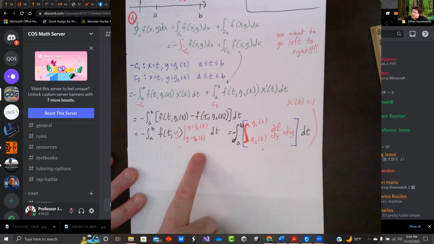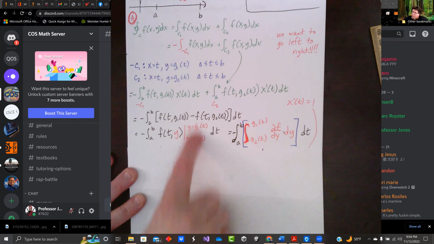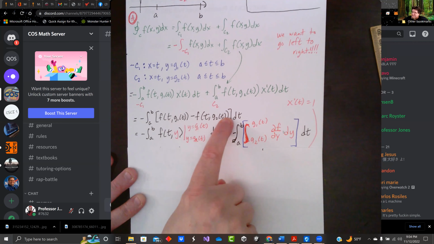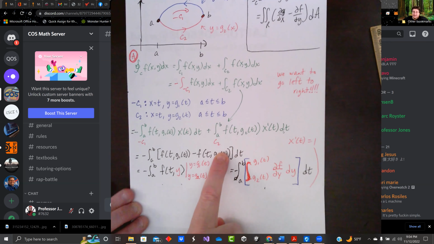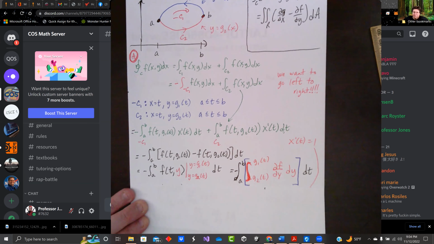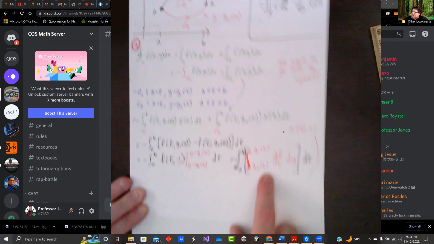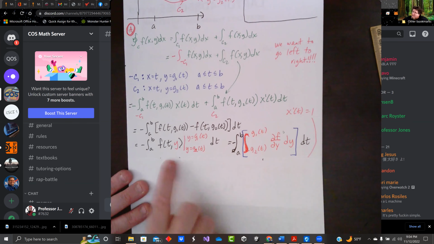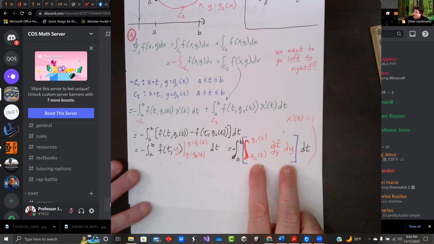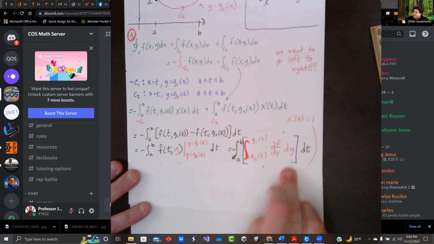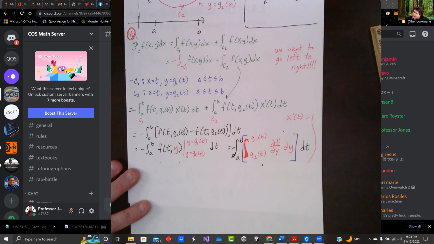And then going from the lower y to the upper y, we would get that. You can see working backwards, we'll get that by looking at our picture. But now we're going forwards. We're undoing that integration to work backwards. So this turns into the integral of df/dy from g2 to g1 and then dy.